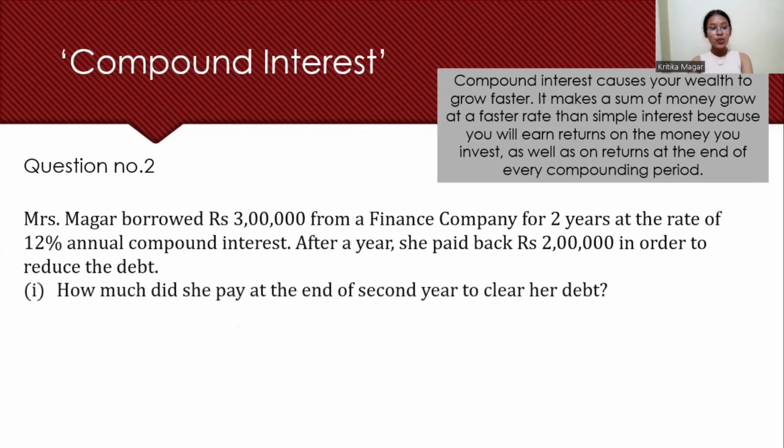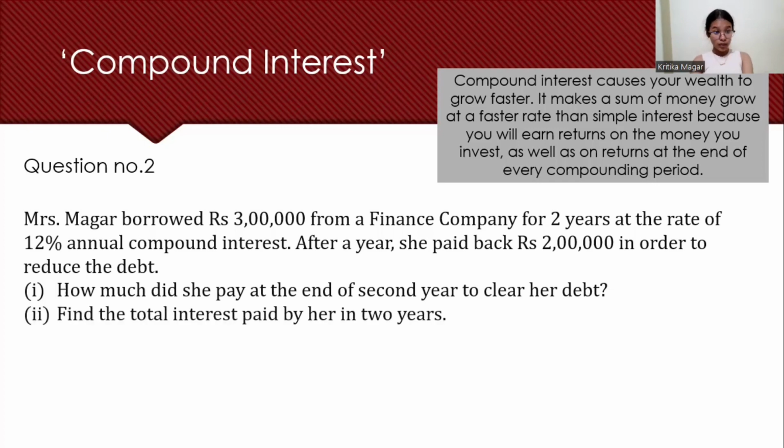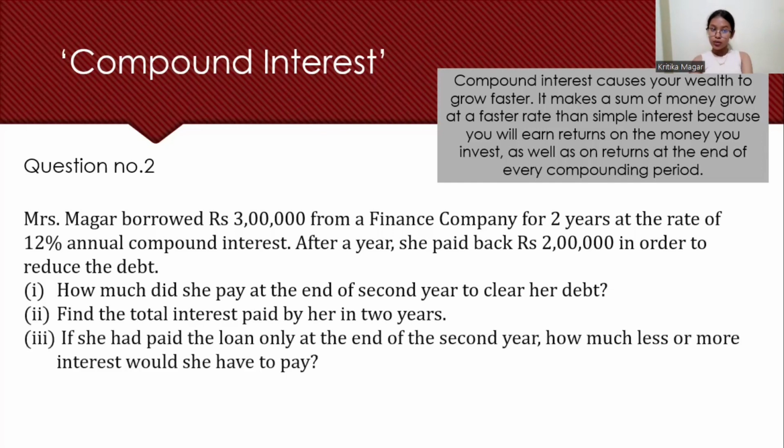In the first question, it is said, how much did she pay at the end of the second year to clear her debt? Second one, find the total interest paid by her in 2 years. And the last question goes like this: if she had paid the loan only at the end of the second year, how much less or more interest would she have to pay?